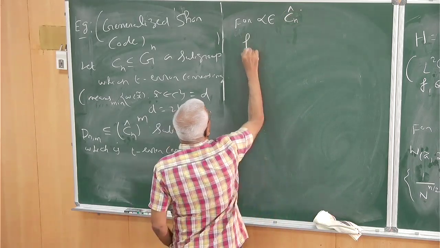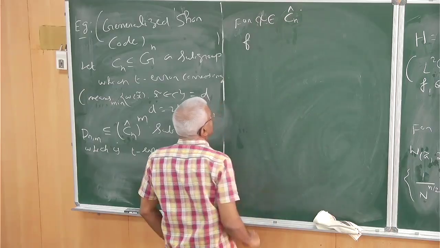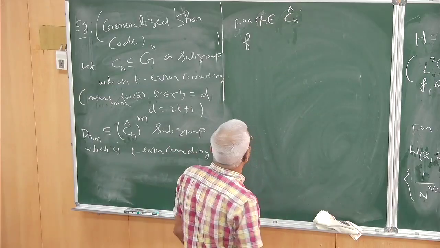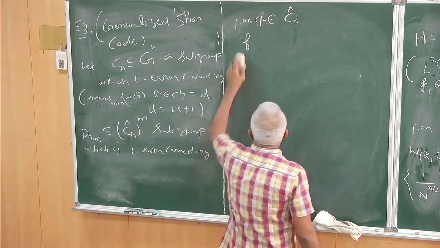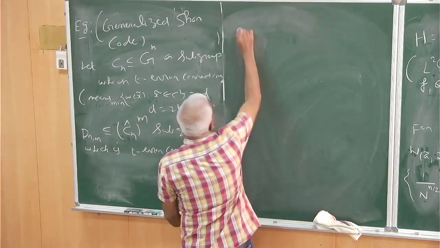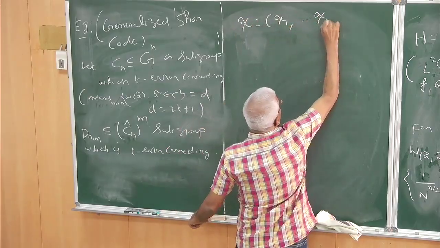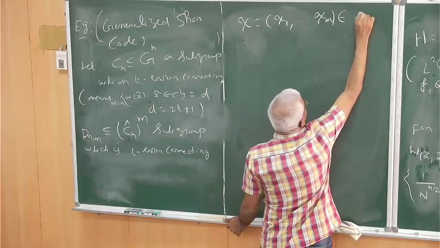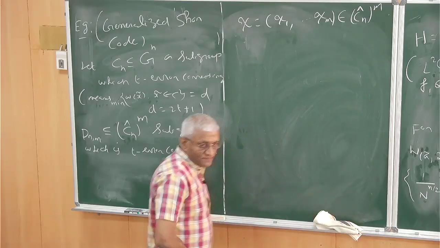You define chi equal to chi1 up to chi m, in Cn hat m. This is okay.